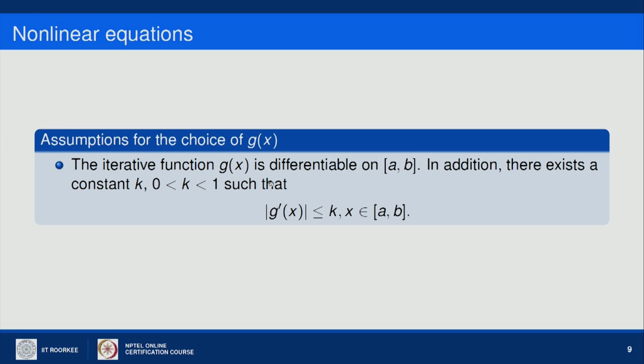Hence, I can state this condition like this: the absolute value of g prime x for all x belonging to a to b should be less than 1. If you have such a g, then your fixed point iteration scheme converges for any initial approximation chosen from the interval a to b.